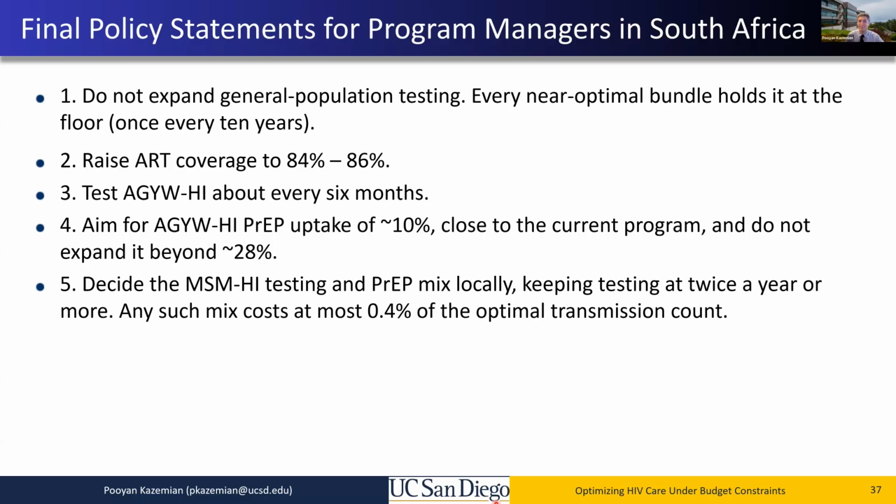I mean, the worst mix is only 0.4% worse than the optimal, which is essentially nothing. So that decision can be set locally based on the availability and acceptability, but things like ART coverage, testing for general population, and testing for young women, those are the more robust parts of the solution pool, and therefore they need to be set nationally.